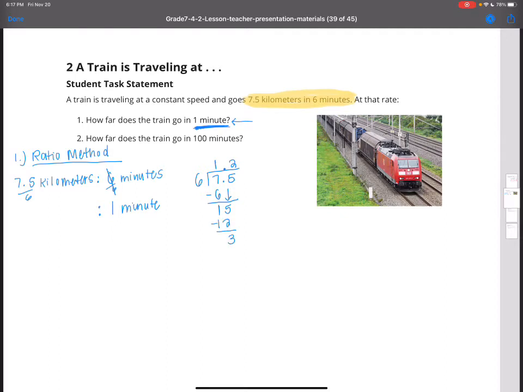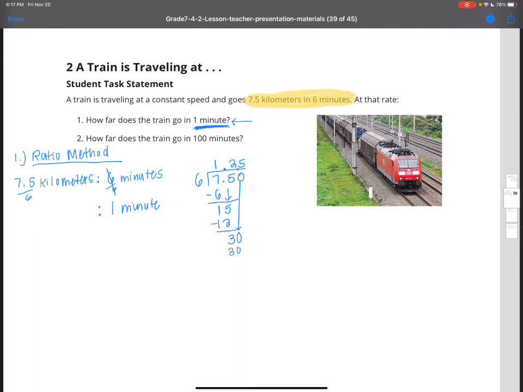Now the 3 is remaining, but I don't want to turn it into a fraction because it's already in decimal form. So what I want to do is add a 0 and drop it down. How many times can 6 go into 30 without going over? If you guess 5 times, you are absolutely correct.